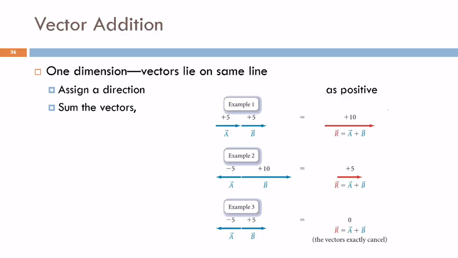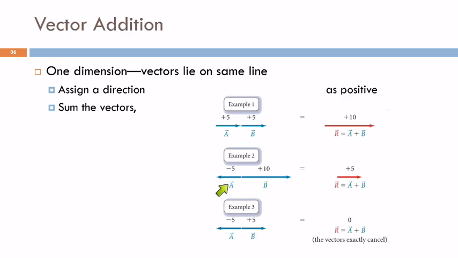Their efforts are going to benefit each other, and the result is they're going to pull more strongly in that direction, right? Here you have two people pulling in opposite directions, but this guy is twice as strong as this person. If you imagine the people with that rope and the red line in the middle of it, the red line on the tug-of-war rope is going to move in the direction of the stronger person, right?